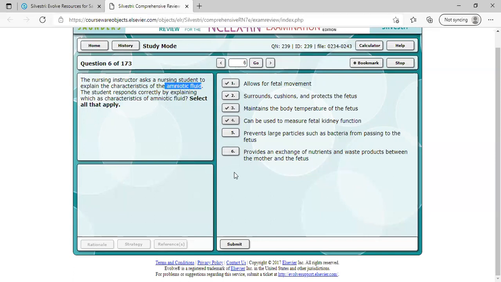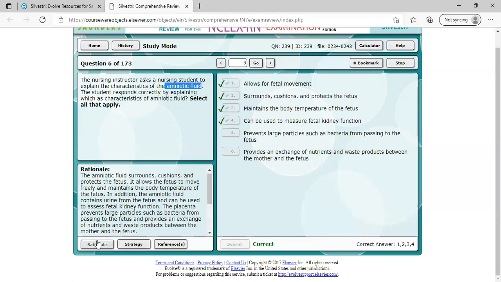So what is their rationale? What do they say? The amniotic fluid acts as a cushion and protects the fetus. It allows the fetus to move freely and maintains the body temperature of the fetus.